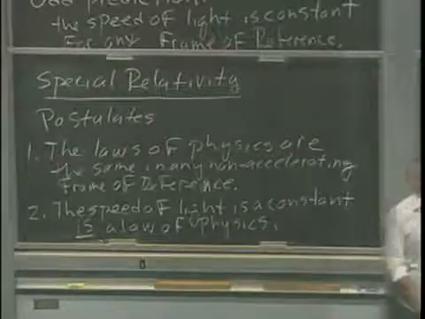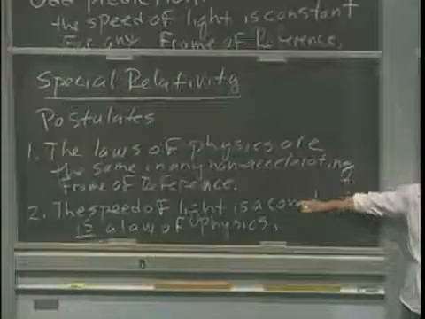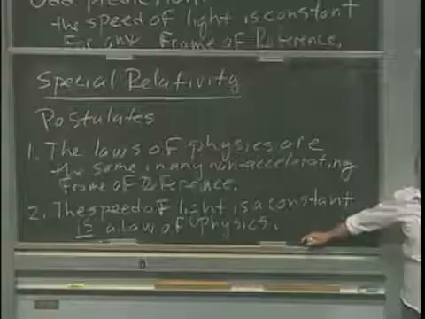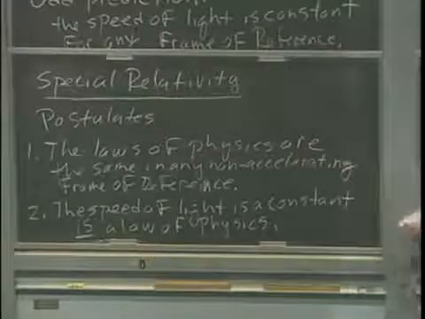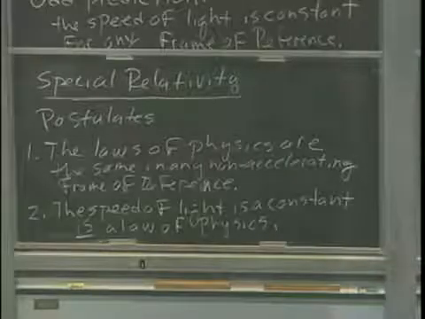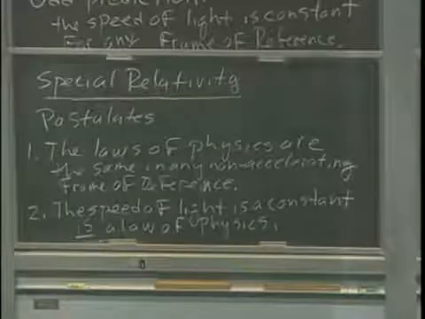Okay, so his postulates are that the laws of physics hold in every frame of reference, and that the speed of light being a constant is one of those laws of physics. So they had to hold in every frame of reference. That the speed of light you measure does not depend on your frame of reference. Okay, those are the 2 postulates that went into his theory.